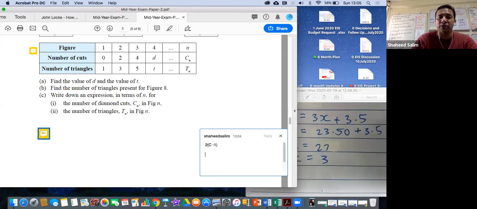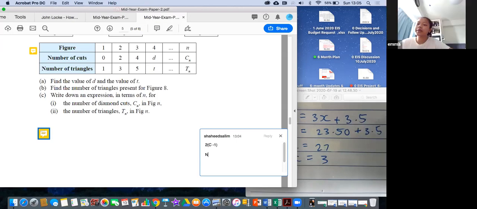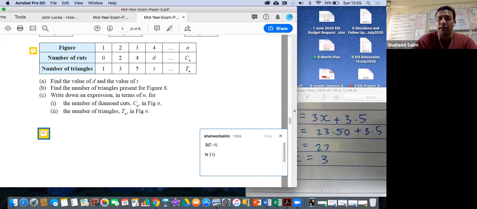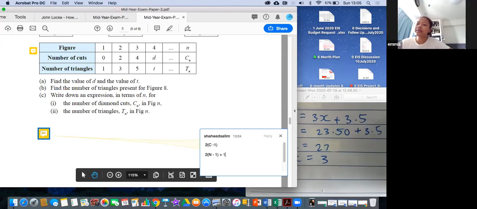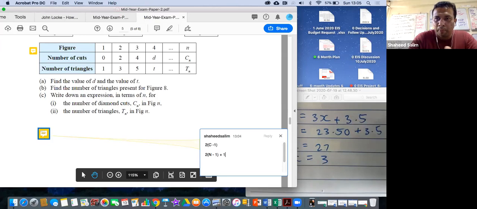How many diamond cuts are there first in figure n? Formula: n minus 1, then bracket, times 2, the whole thing. And then to find the triangle, triangle is always plus 1. That's what it is.